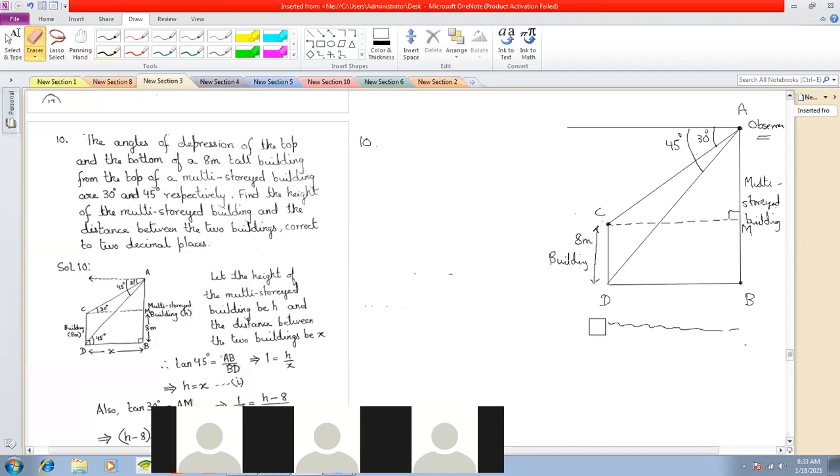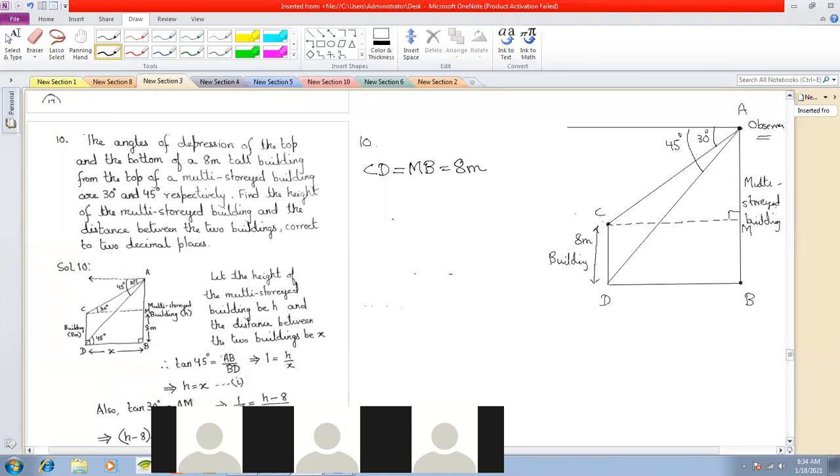Okay, so let's see which one to find first. What you must observe is that CD is equal to MB, which must be equal to 8 meters. This much you must observe.